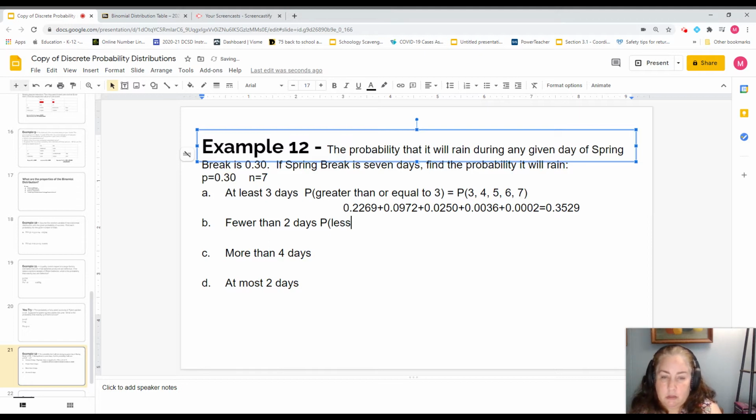than 2 days. So what does less than 2 mean? Less than 2 is 0 and 1, not including 2. So again, we're using our p is equal to 0.3, n is equal to 7, and this time we want to do 0 and 1.